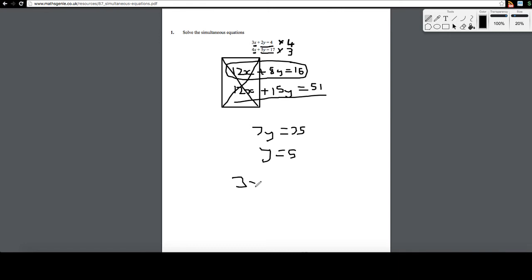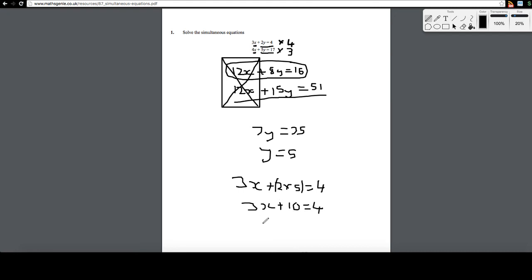If we're subbing it back into the smallest one, 3x plus 2 times 5, because it's 2y and we know that y equals 5. Simplified, that is 3x plus 10 equals 4.